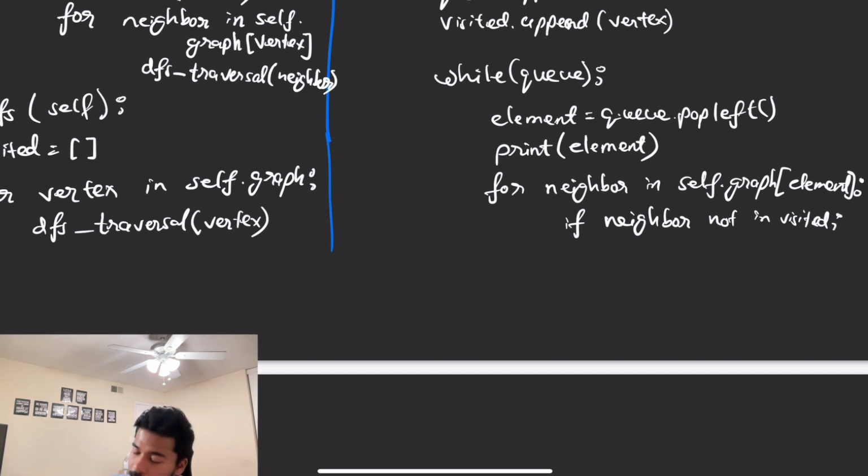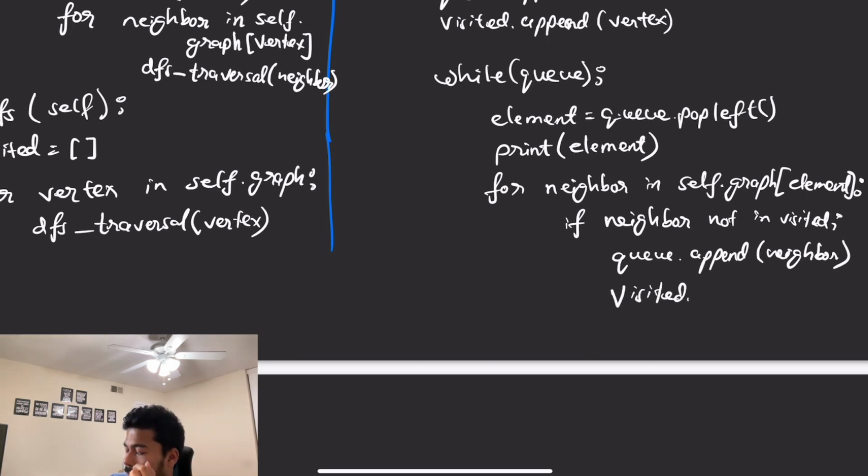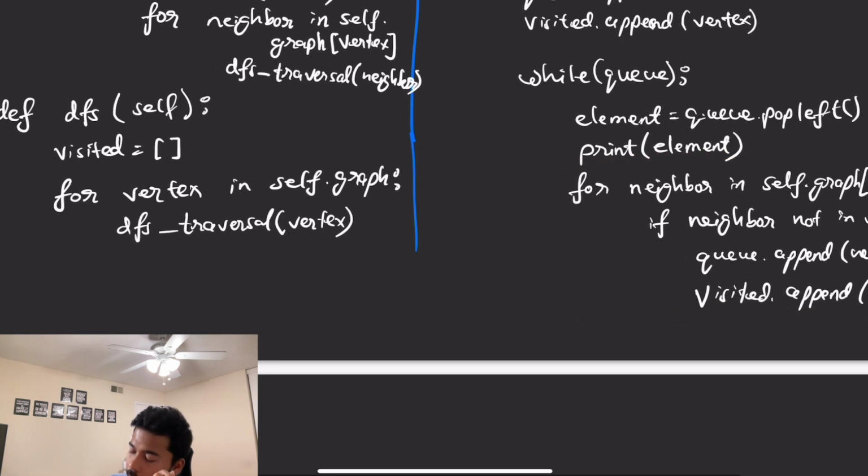So we're going to do q.append(neighbor), and we're also going to do visited.append(neighbor), right? Note, you don't have to do the visited.append here. You could also do it here. It's the same thing.